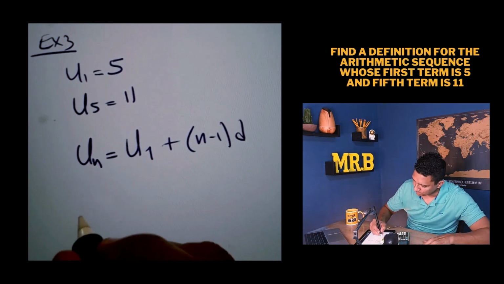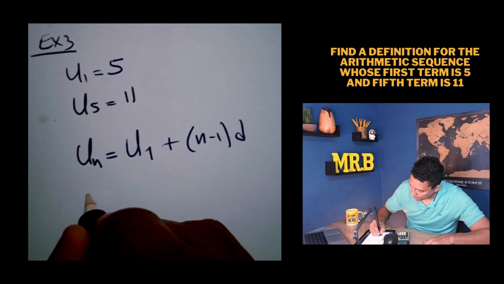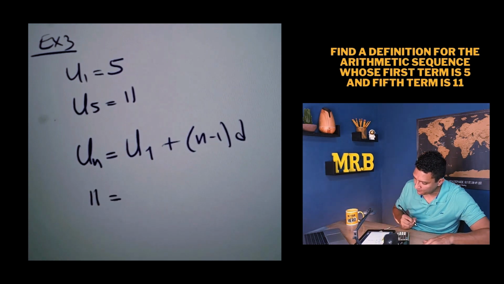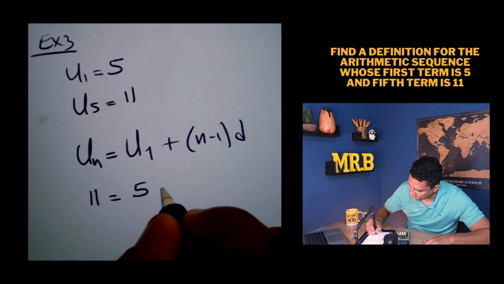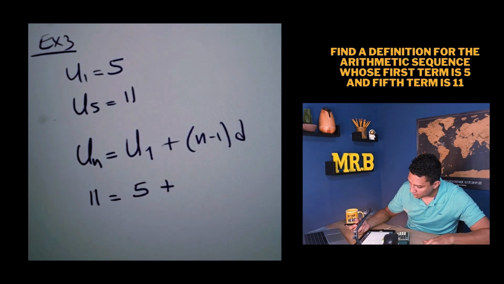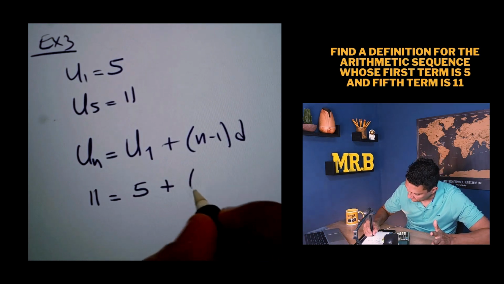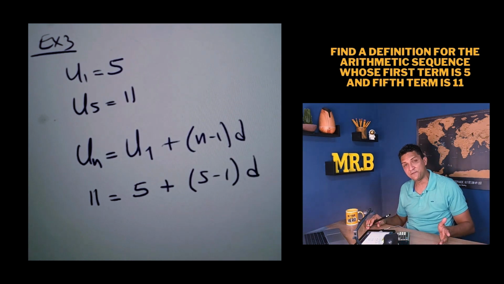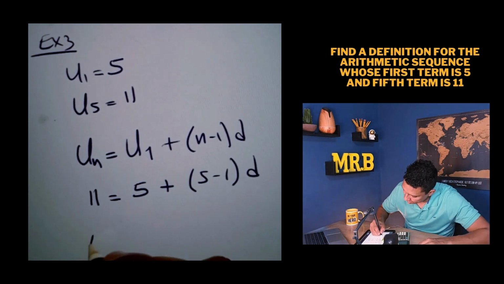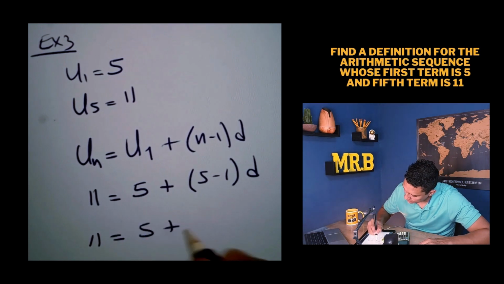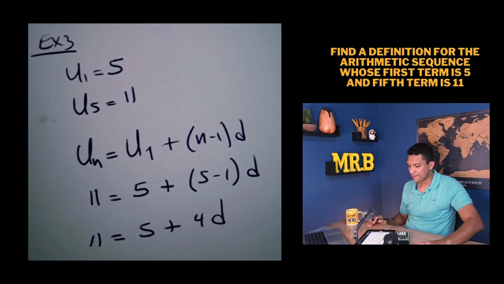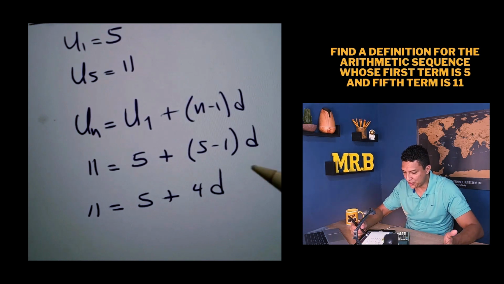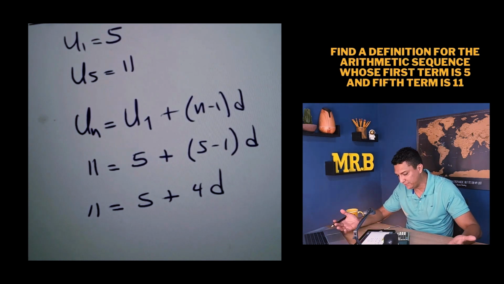So as I said, I'm going to replace the fifth term here. The first term is 5. The n of this term is 5, so 5 minus 1, and then d is what I'm looking for. Now I just simplify the parentheses. 5 minus 1 is 4.